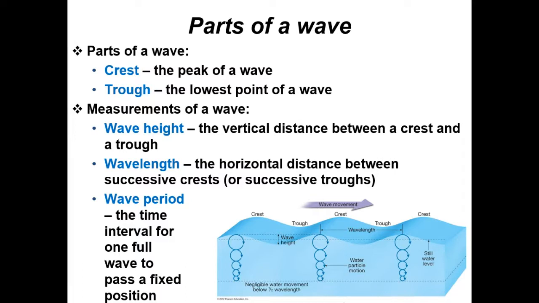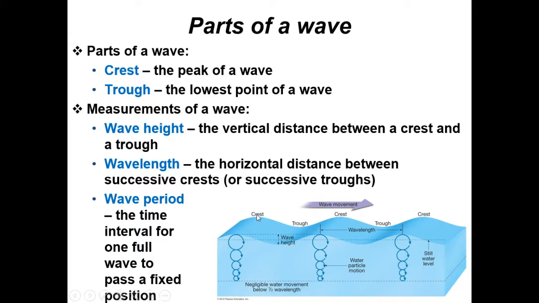So just mainly terminology here for this first part. Parts of a wave. The crest is the highest part of the wave, the peak. The trough is the lowest part. The wave height is the distance between the crest and the trough, so that's a numerical measurement.